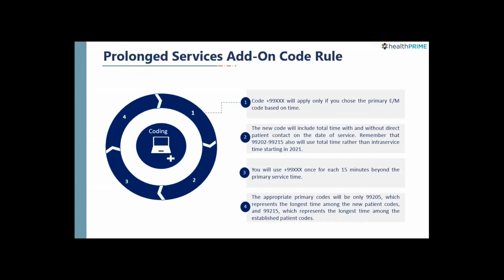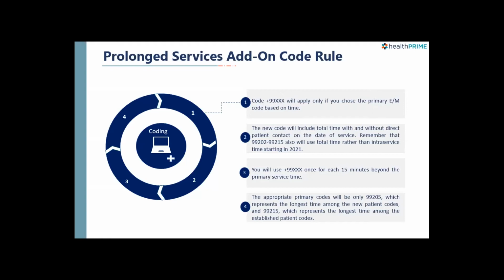Now it will not only count the intra-service time, but also the total time spent in patient care. For example, if before meeting the patient you have reviewed the patient's medical records, even that time will be considered. We'll see that in more detail in the next slides, so that we get an idea of what all time activities can be counted.